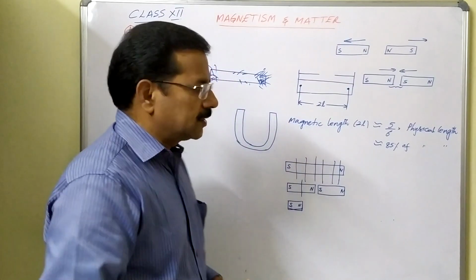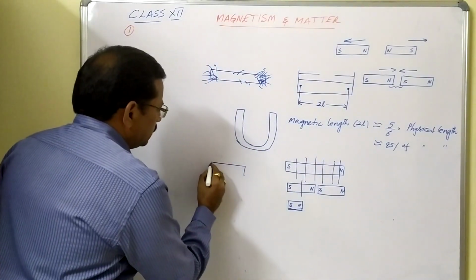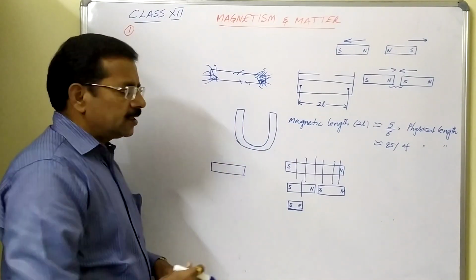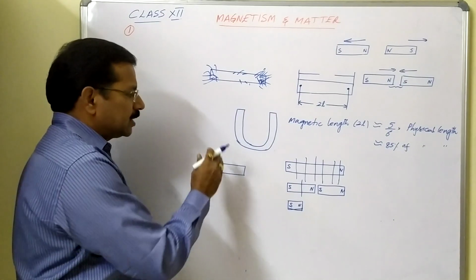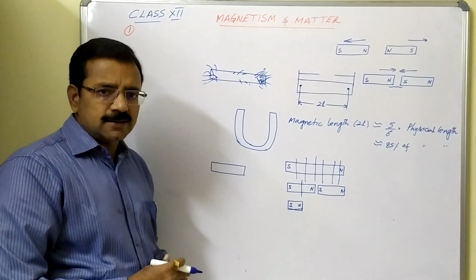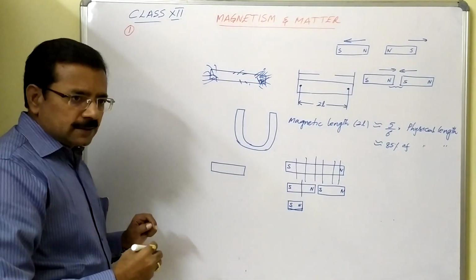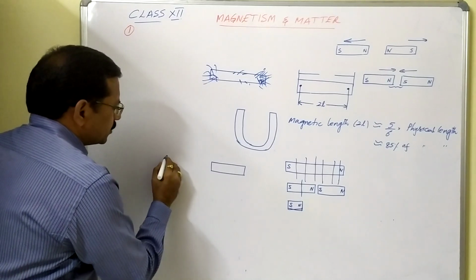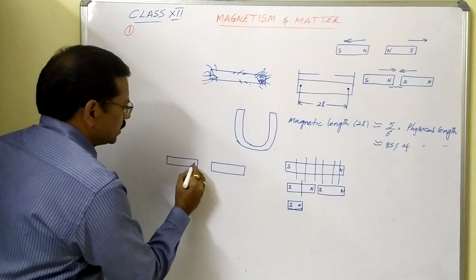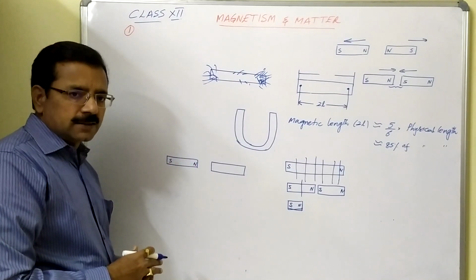What I mean by this is, you are asked to find whether this is a magnet. If it is a magnet, you are asked to find which end acts as north pole and which end acts as south pole. You are provided with a bar magnet. Now naturally, you place this piece of material closer to the bar magnet.